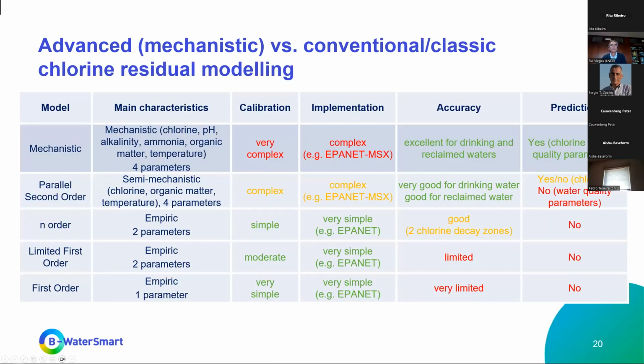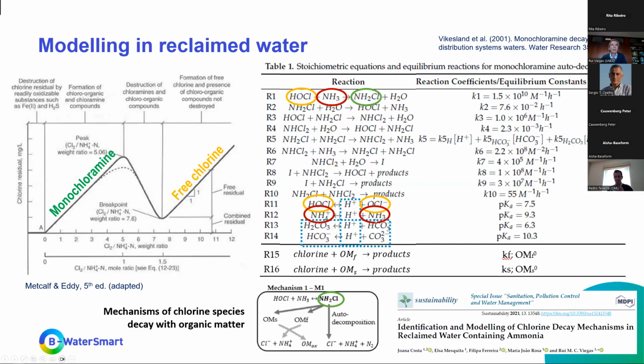Just to summarize what I've been saying about the different types of models, we have this mechanistic model that has four parameters. These are the parameters of these reactions: the concentration of the fraction of organic matter that reacts fast, and the concentration of the organic matter that reacts slowly with chlorine.